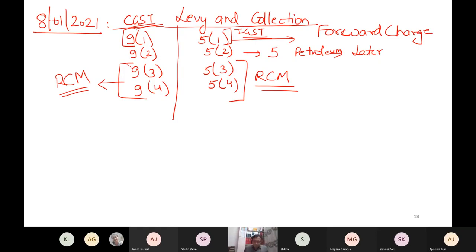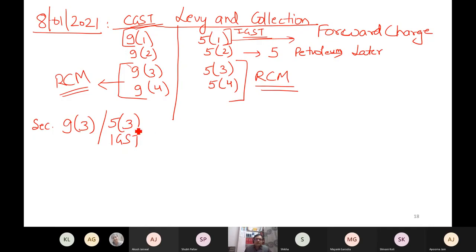Now, if you further remember, in 9.3, or you can say in 5.3, I told you earlier also, when I don't write the act, by default it is the CGST Act in front of the section. When it is not the CGST Act, and if I am writing a section, I will write the act's name also.